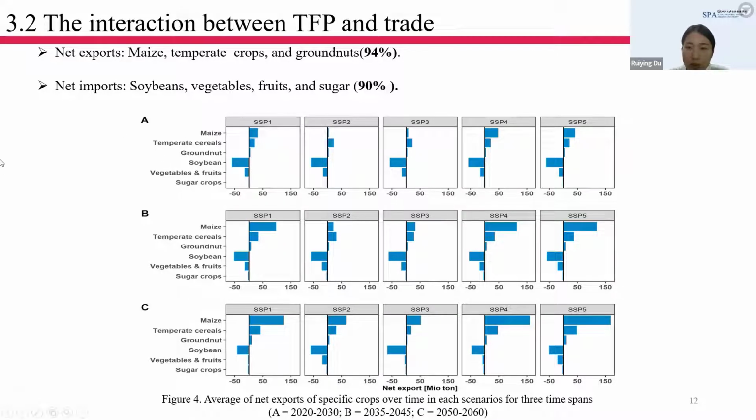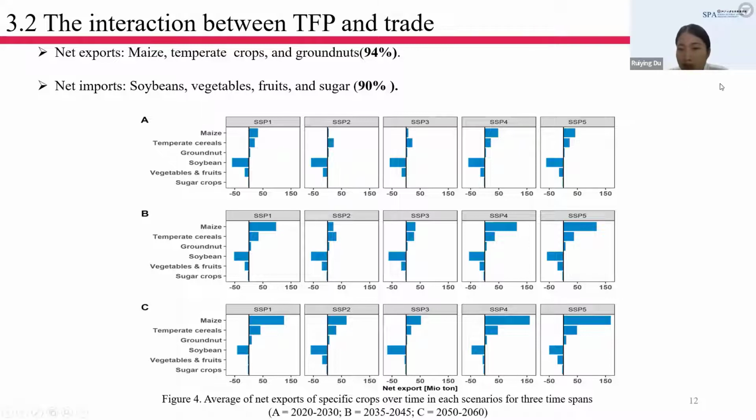Panel A shows the average from 2020 to 2030. Panel B shows the average from 2035 to 2045, while panel C shows the average from 2050 to 2060.